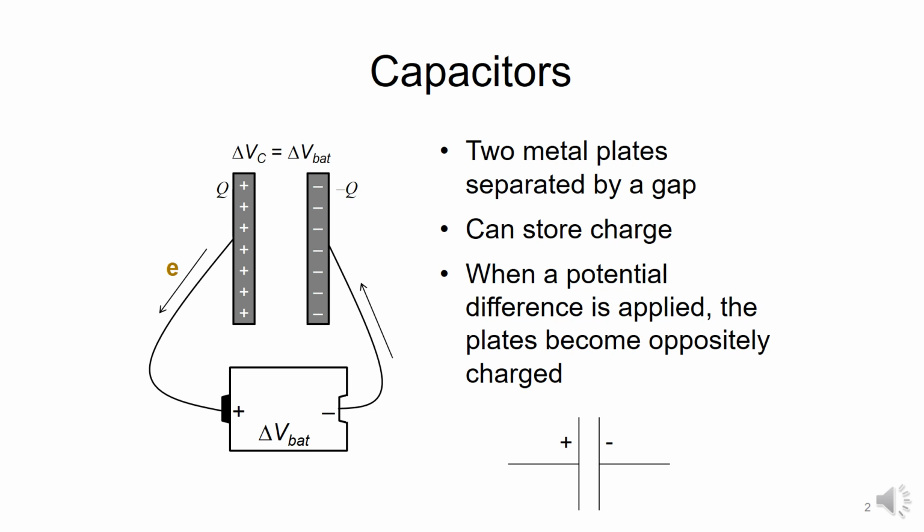Now note that there is no current flowing from one plate to the other. There are simply charges building up because they're connected to a negative or positive terminal, but no current flows in between the plates.